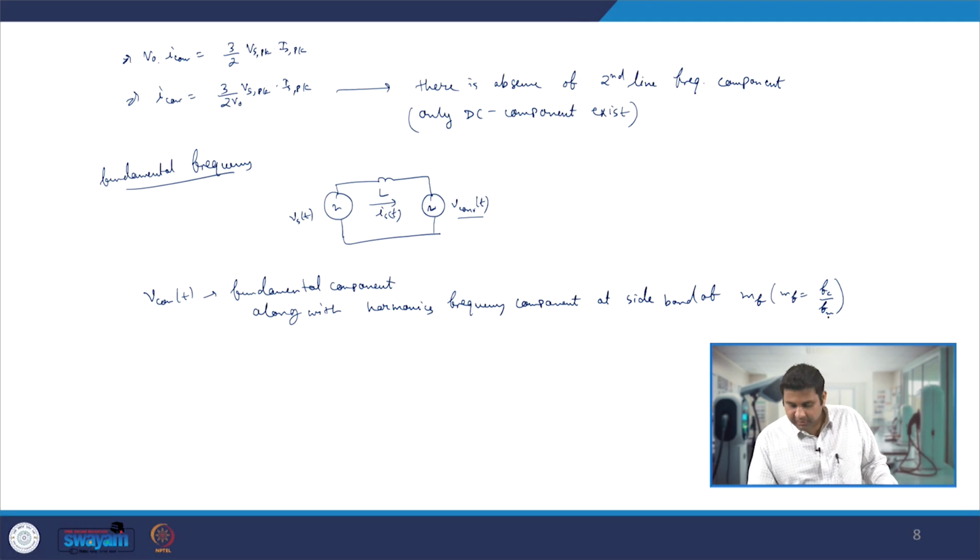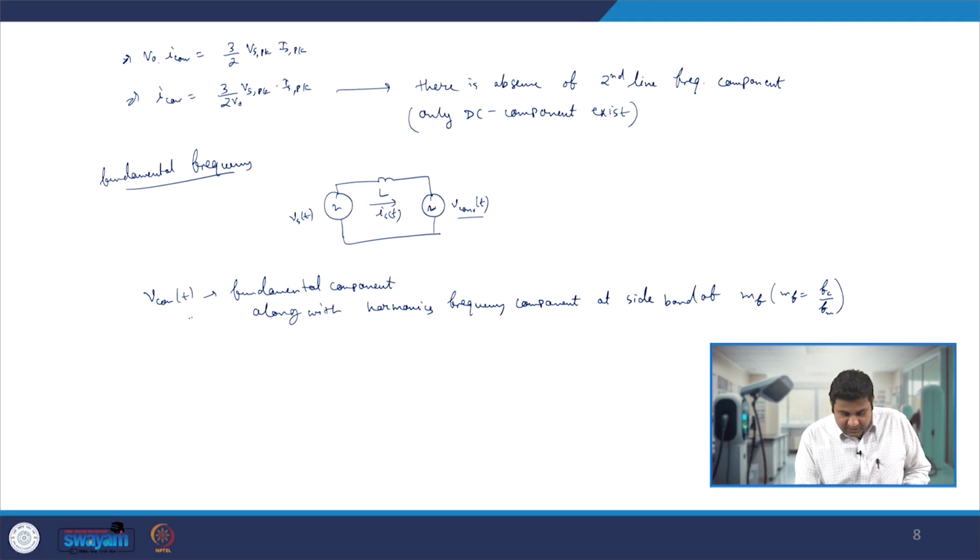And here our fundamental frequency is our line frequency. So in this case V converter of t has a fundamental component, and along with that we have harmonic components. This is the single phase equivalent circuit for the fundamental frequency.